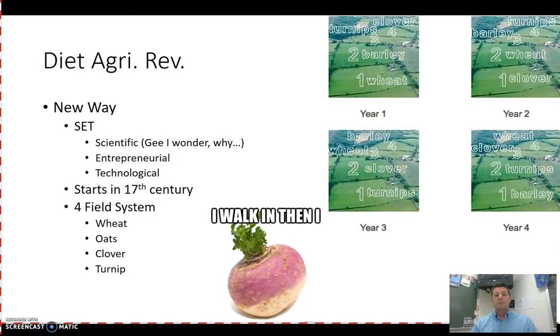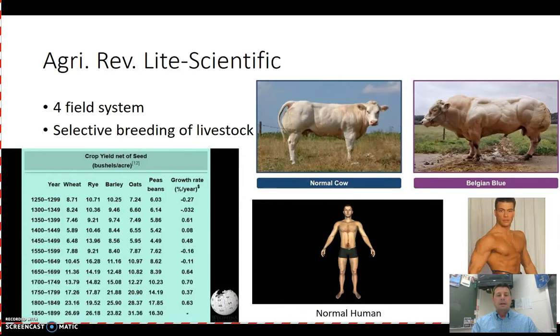And by doing that, you can utilize all of your fields every year. You don't have to let one of your fields be fallow. So we have these new things here. We have a turnip down here at the bottom, and they're going to be used, and that really changes the game. So we're applying science to agriculture at this point.